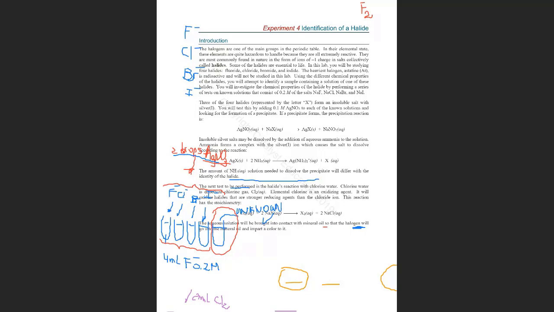Chlorine water is basically chlorine gas dissolved in water. Chlorine water is an oxidizing agent. Remember that. Chlorine water is an oxidizing agent.